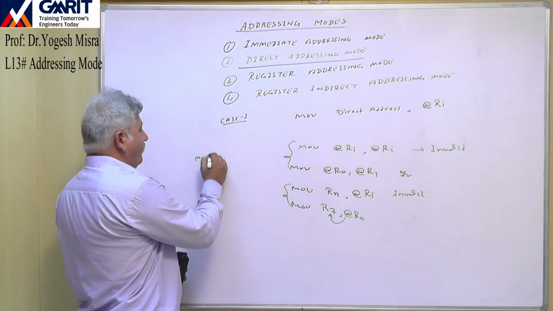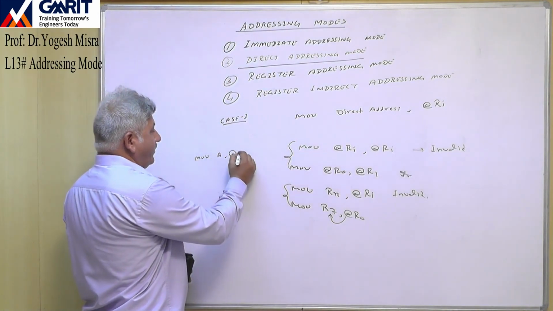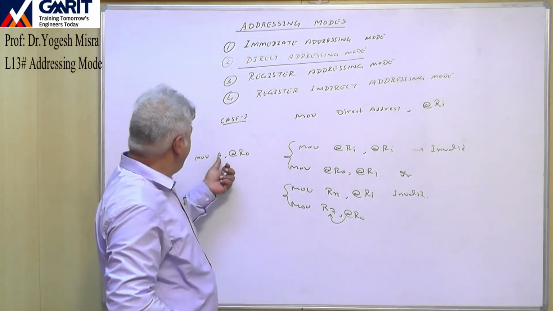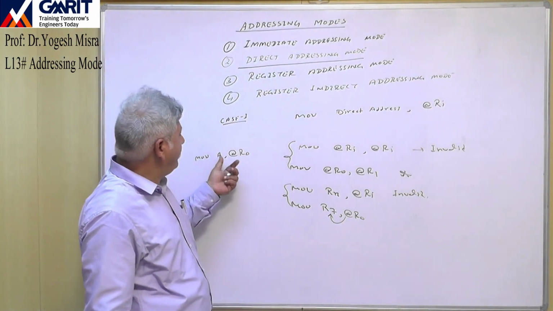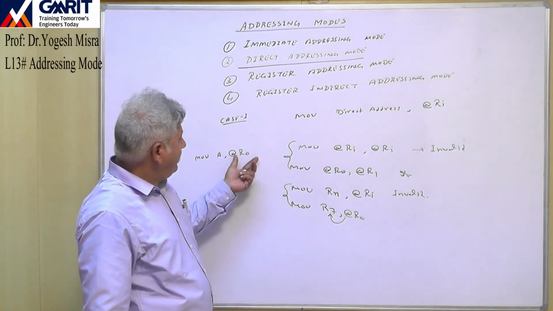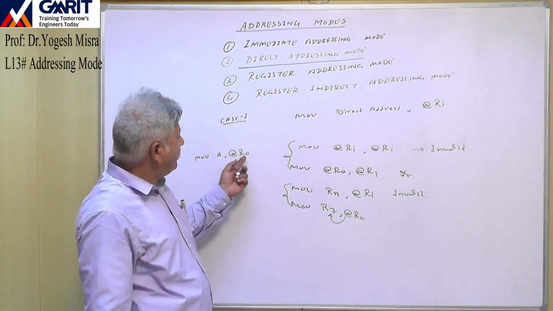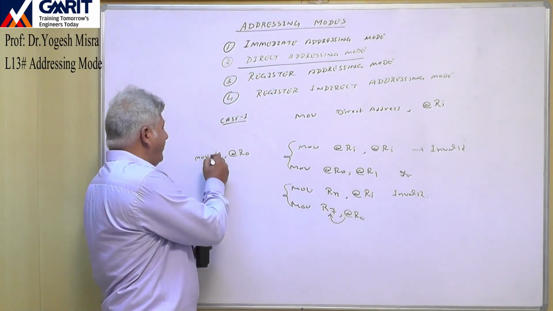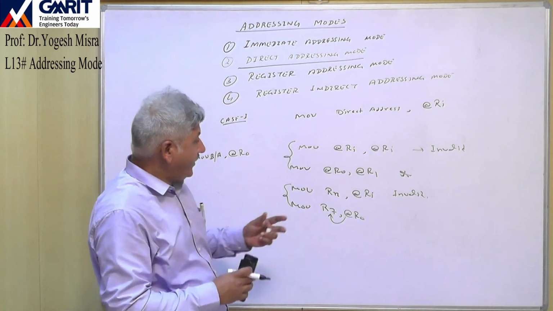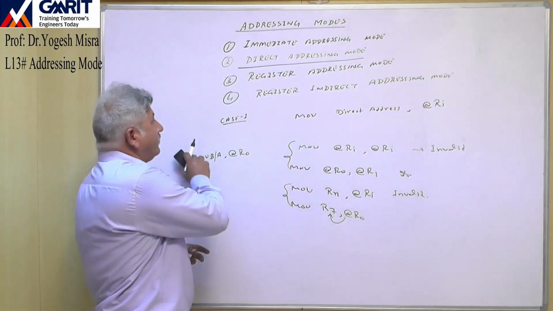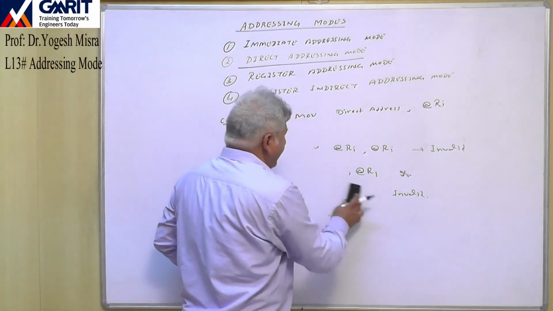That is valid: move A, comma @R0. This is possible. Here the destination is the A register. In the A register we are loading the content of the internal RAM, and the address of that content is pointed by the R0 register. So the A and B registers can be used, but the Rn register cannot be used directly. So this is about register indirect addressing mode.